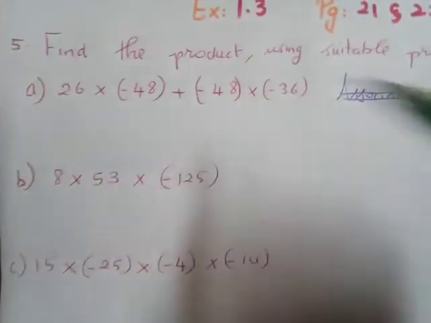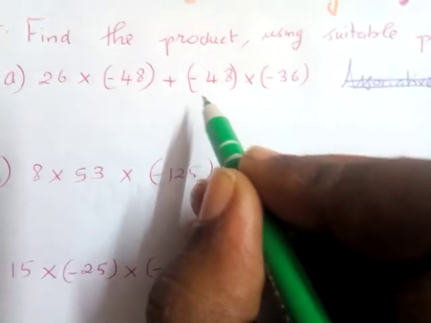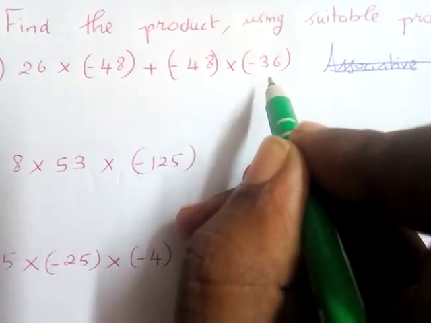The first subdivision: 26 into minus 48 plus minus 48 into minus 36.